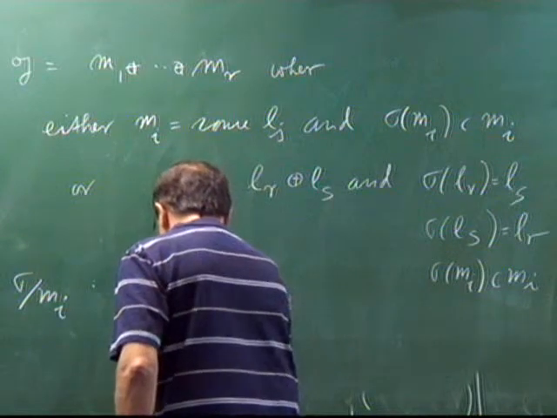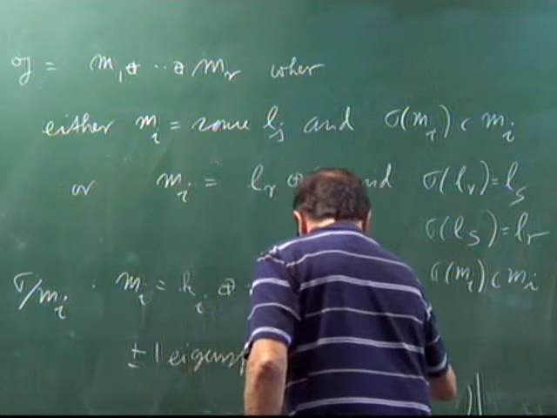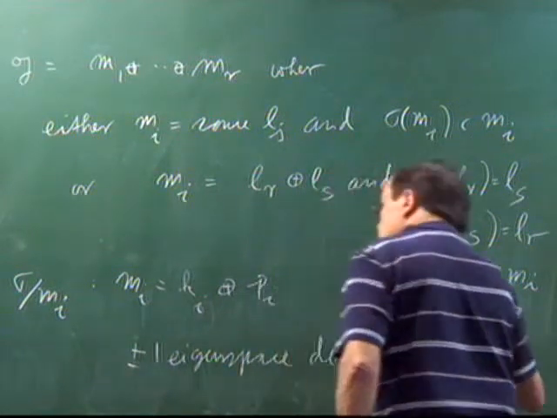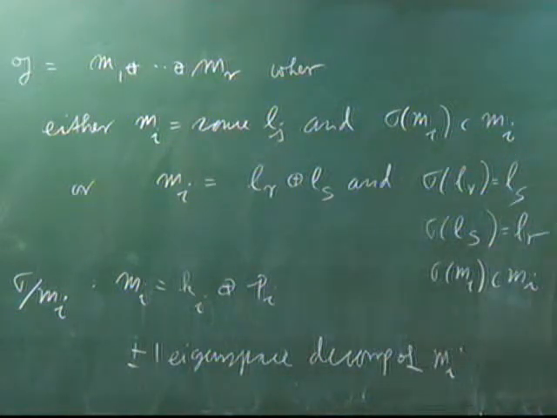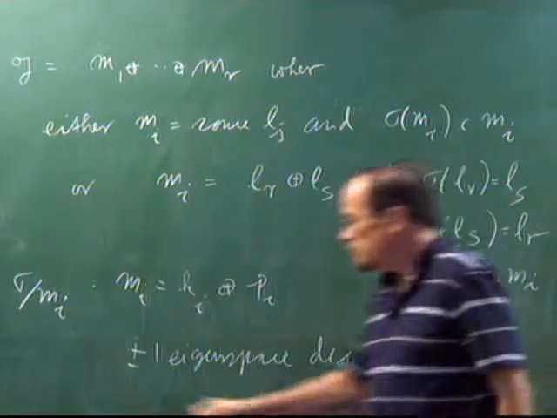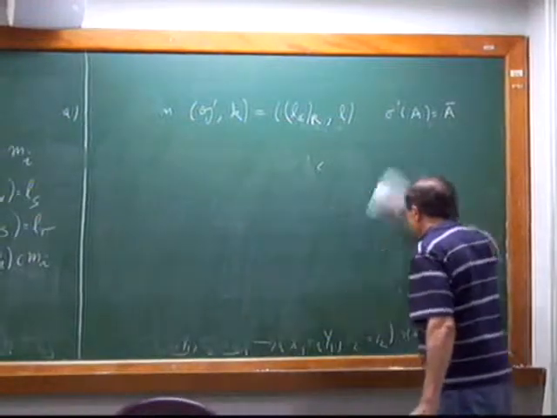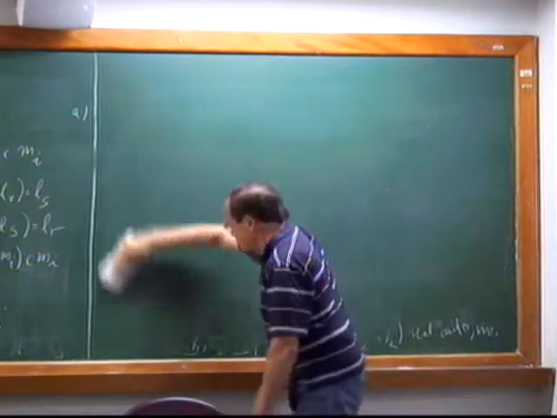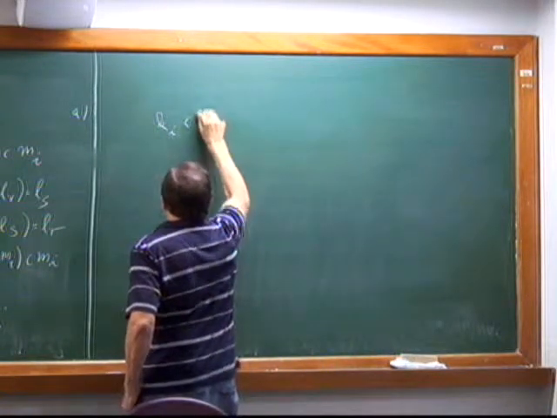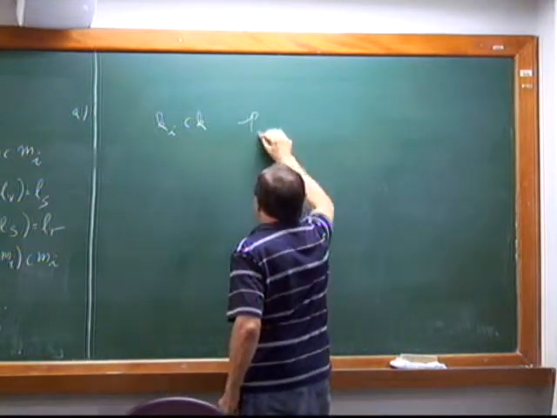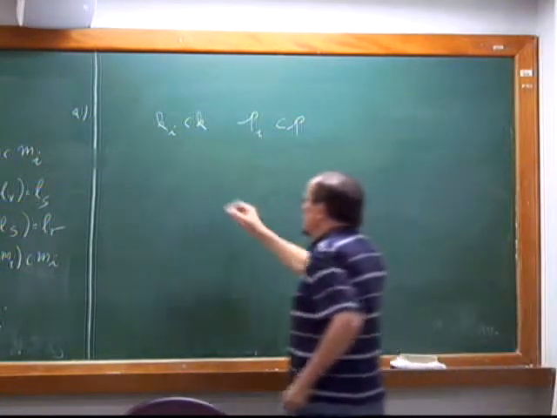The plus and minus 1 eigenspace decomposition of the mi's. Sigma on mi is another involution, so it has plus and minus 1 eigenspaces. Of course, there are also plus and minus 1 eigenspaces of sigma on the whole Lie algebra. So ki is contained in k, it's the plus 1 eigenspace, and pi is contained in p, it's the minus 1 eigenspace.